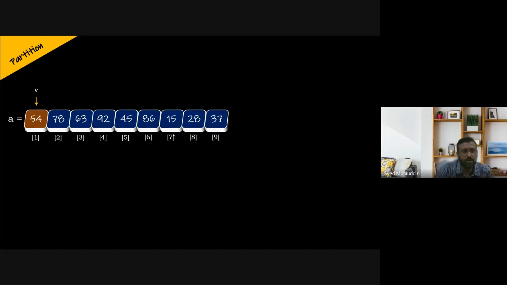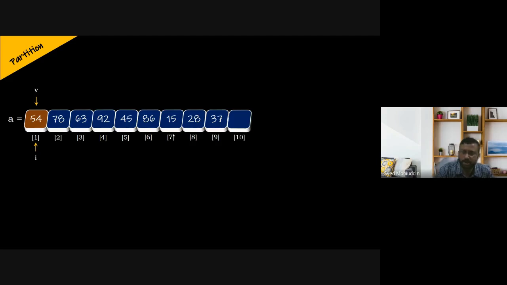So we have a variable v, which is the first element of the array. Then we use a variable i, which will point to the first element, at index 1. Then we add an extra element at the end of the array.